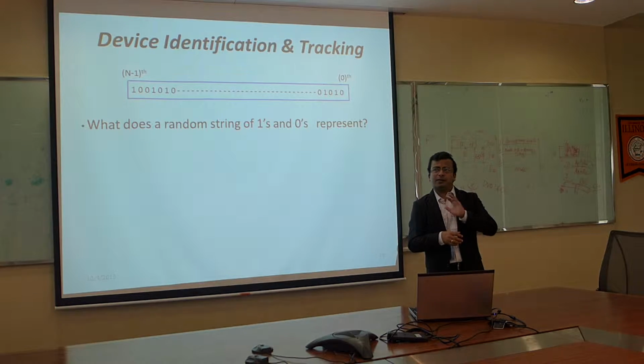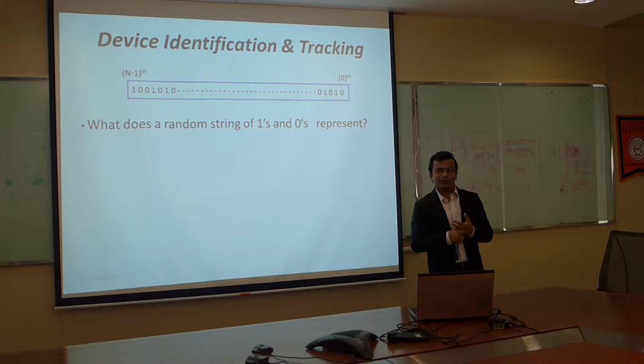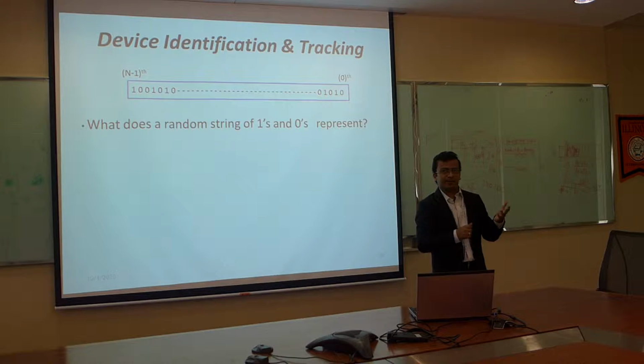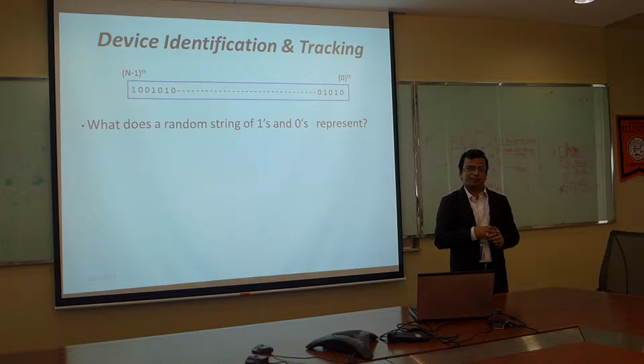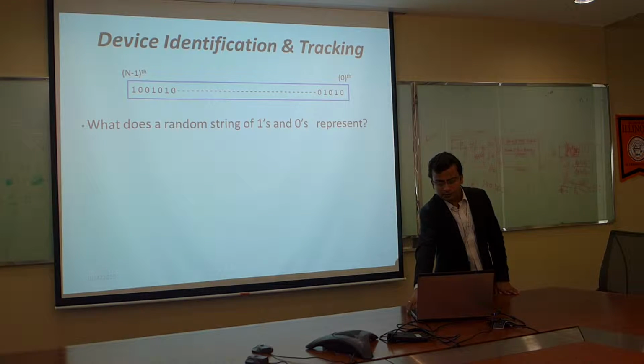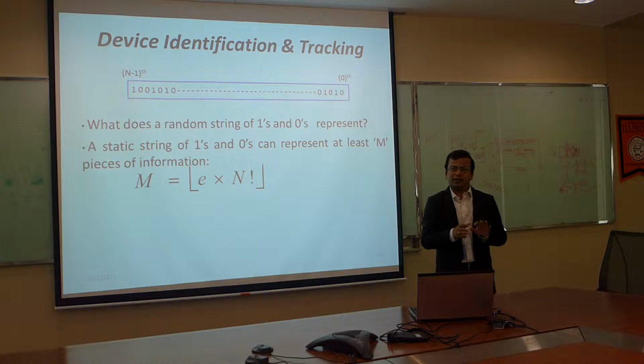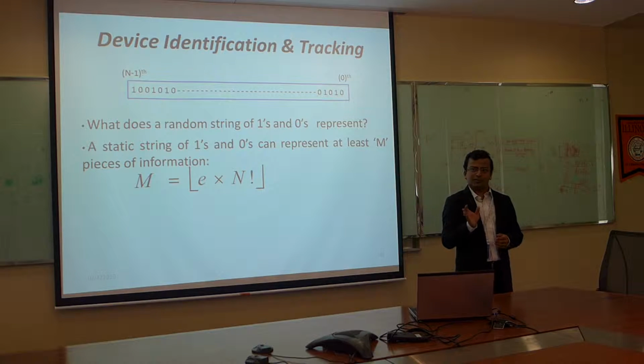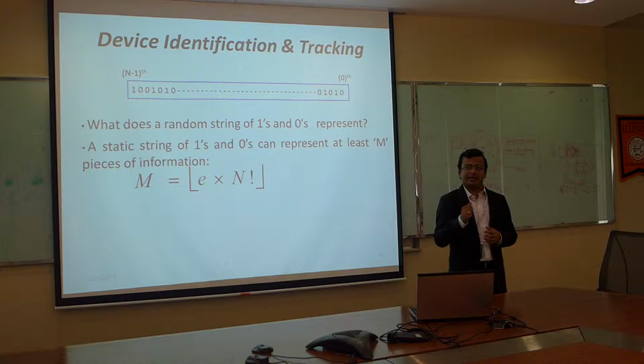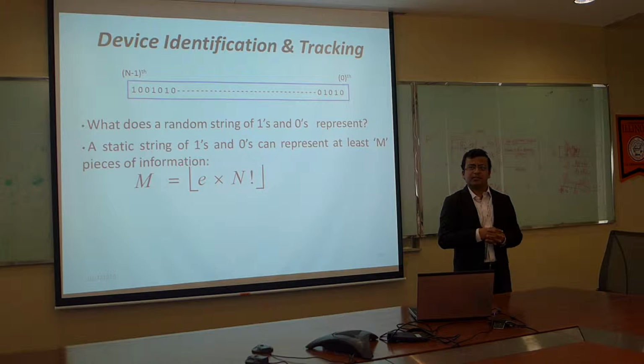But let's say you have a random string of ones and zeros, which incorporates some information about your device. If I were to try to crack this string, how many possible messages, at the least, can I generate? So this is that count. Obviously I can have more than this, but this is a very simplistic, crude calculation.